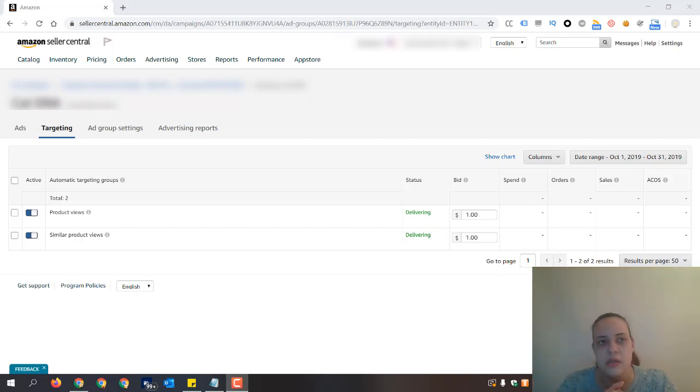So this could be a very powerful way for you to bring them back to the sales funnel and a little bit closer to the purchasing action. So when it comes to targeting through product views, this is the type of targeting group that you should use if you want to ramp up sales a little bit more, and if you want to boost your conversion rates on a specific product, or you want to give it more exposure if it's a new product and you want to make a good impression and increase the brand awareness overall.